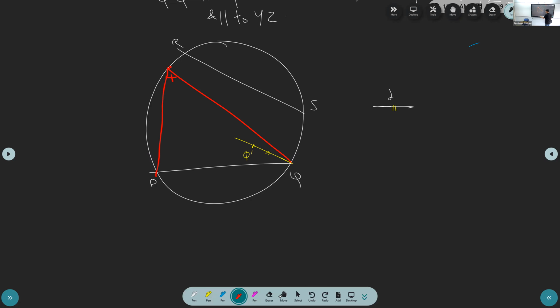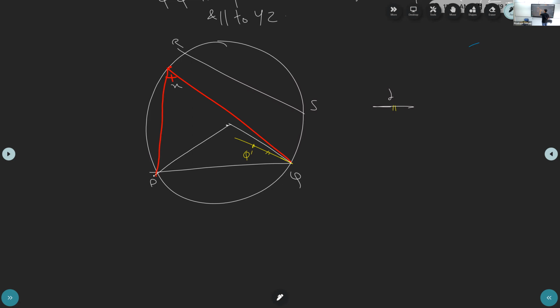Like for example, one way to do it is that if you look at the central angle, so if I call this angle X, then the central angle here will be 2x. So I construct this isosceles triangle on segment PQ', such that here also the central angle is 2x.